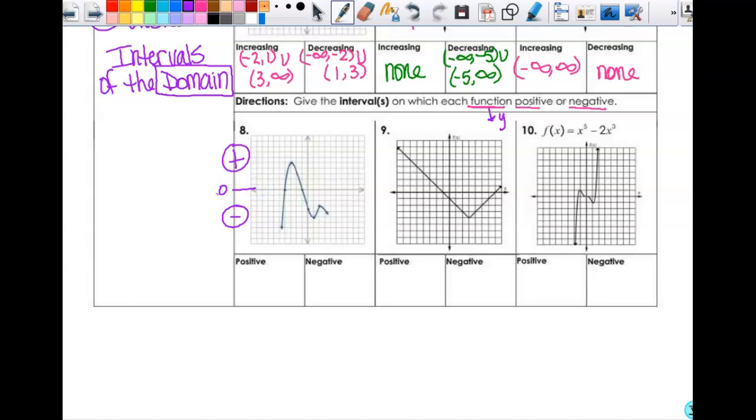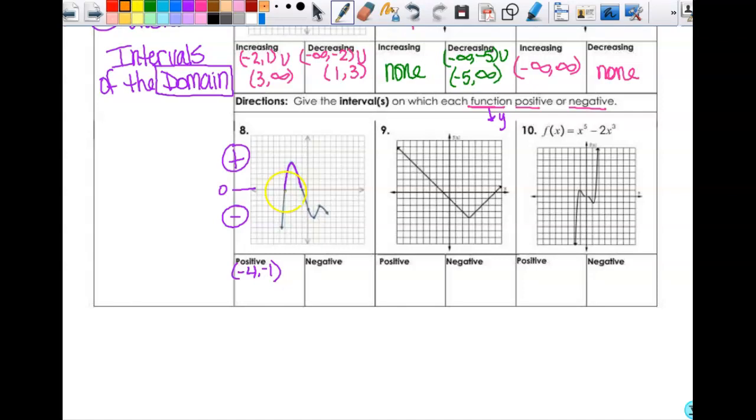So my function here, it's positive from here to here. All of this is positive. So that's from 1, 2, 3, 4. -4 to -1. Okay. And I am not including either one of those because they are 0, right? And then that's it. That's the only place it's positive.